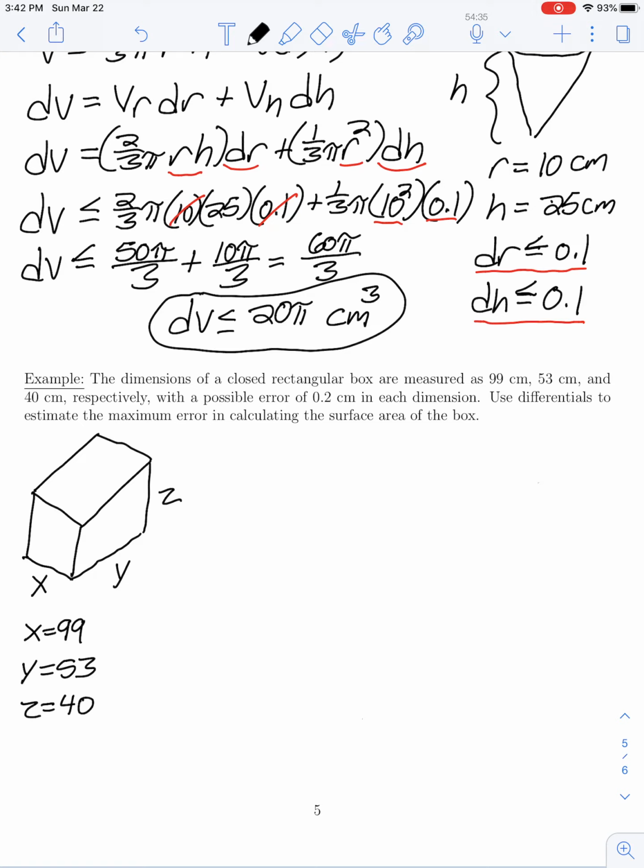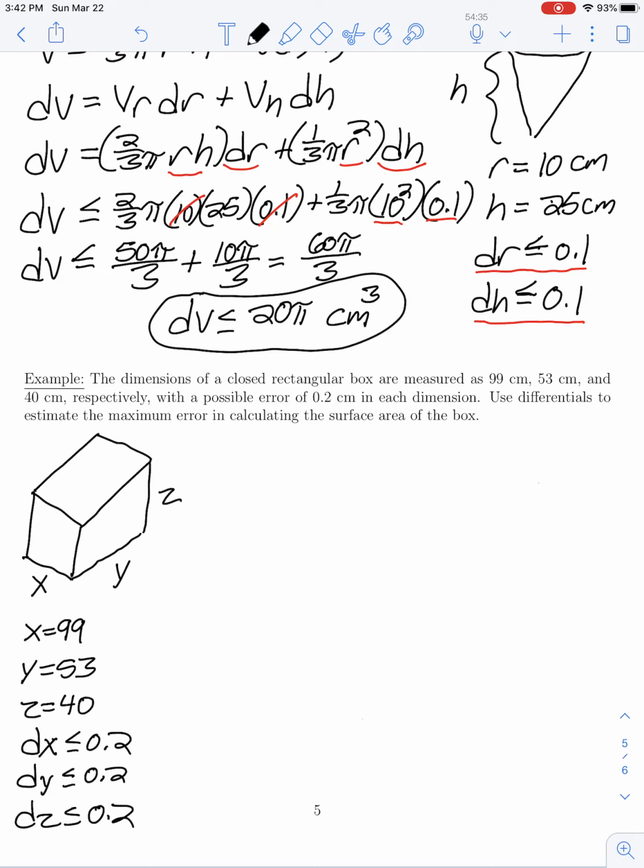And we had a possible error of 0.2 centimeters in each of these dimensions. So the differentials for X, Y, and Z would be at most 0.2. So now we are asked about the maximum error in the surface area of this box based off those measurements.